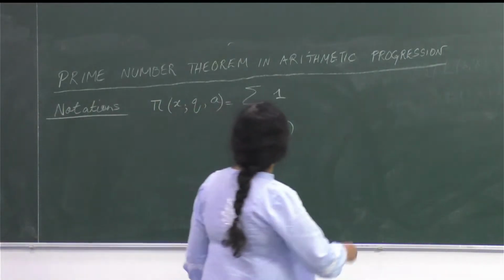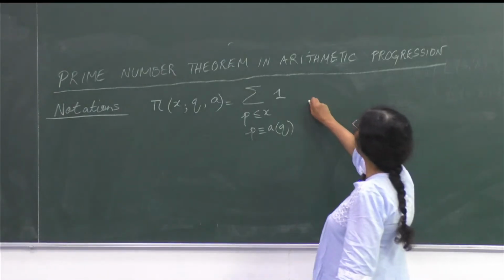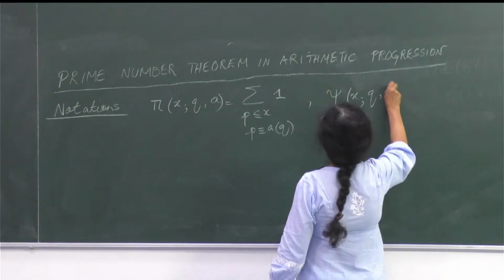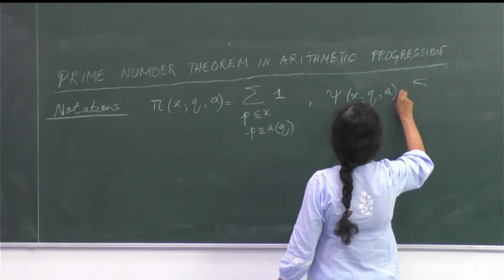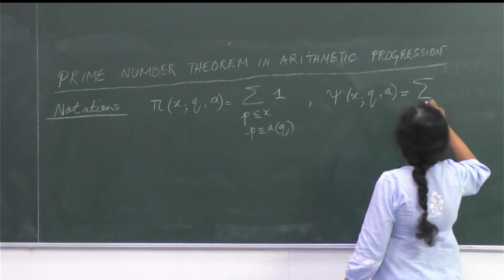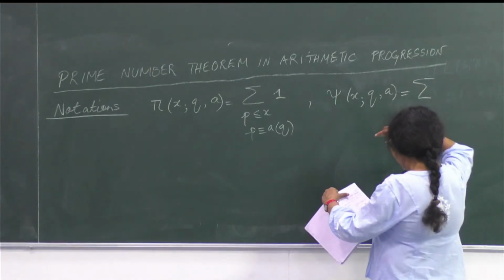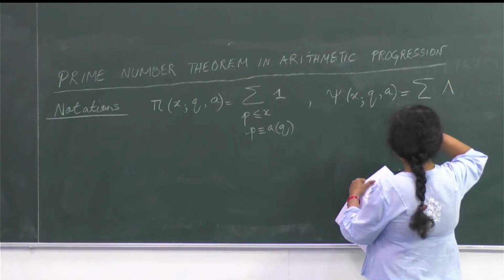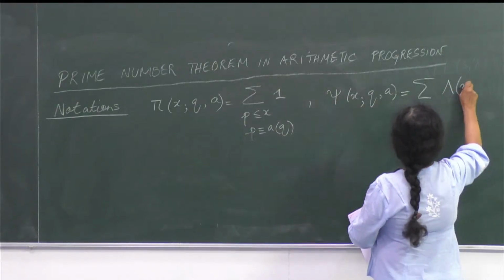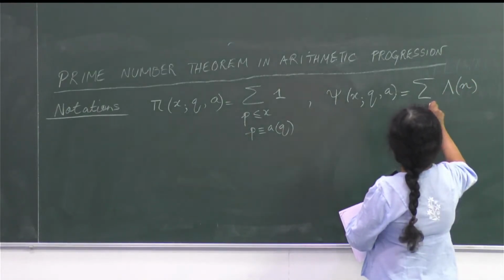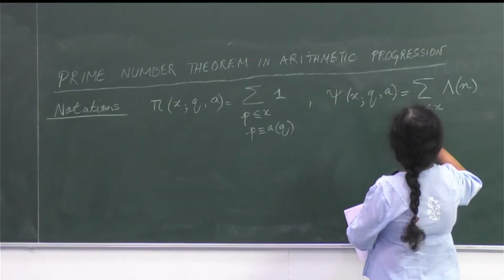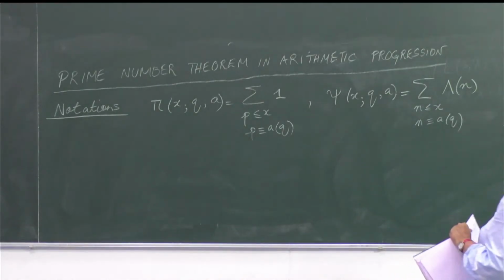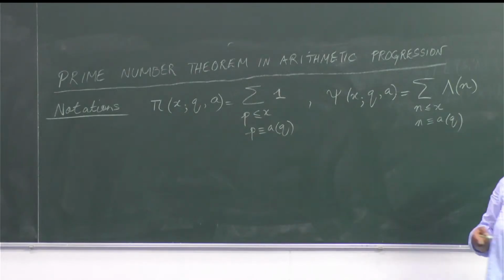The other thing, the smooth version of this, is going to be psi(x; q, a), and this is going to be defined as the sum of lambda of n, n less than or equal to x and n congruent to a modulo q. Lambda is the von Mangoldt function.